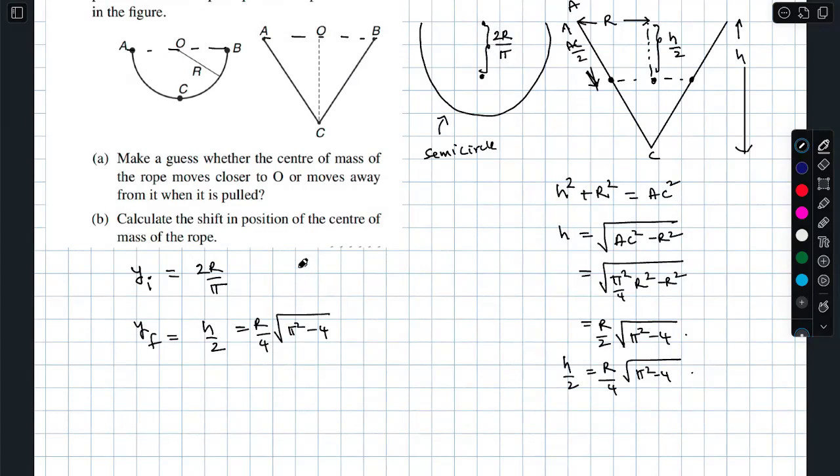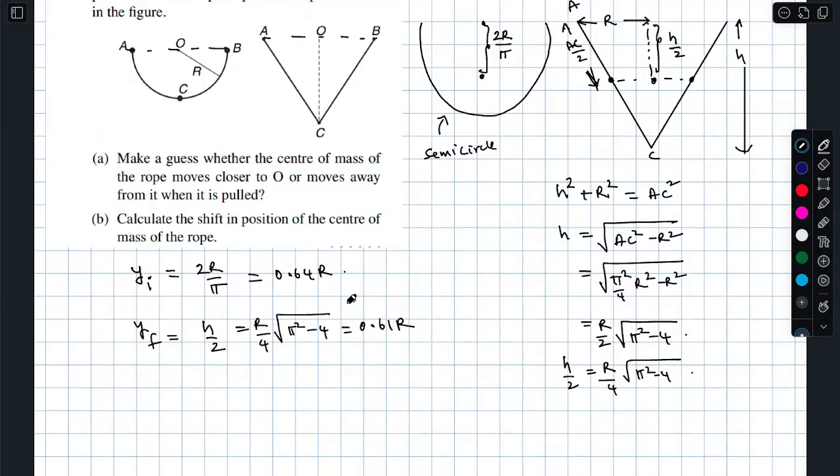Which is higher? Let us work. If I work totally, you will get approximately 0.61 r. I did this last year. And 2r by pi works around 0.64 r.